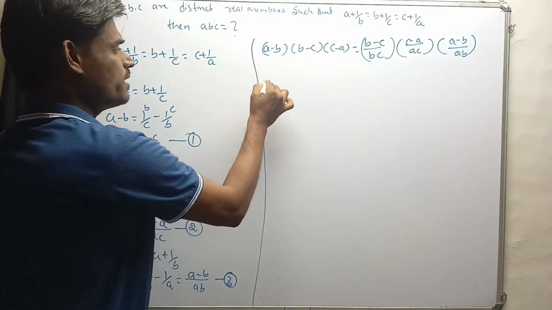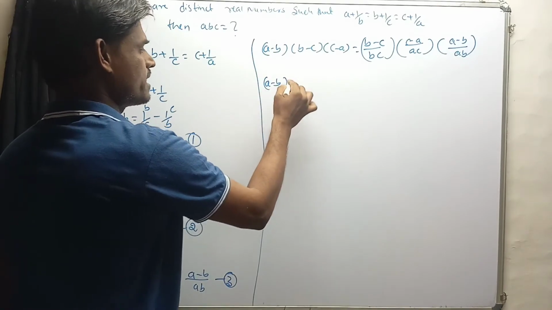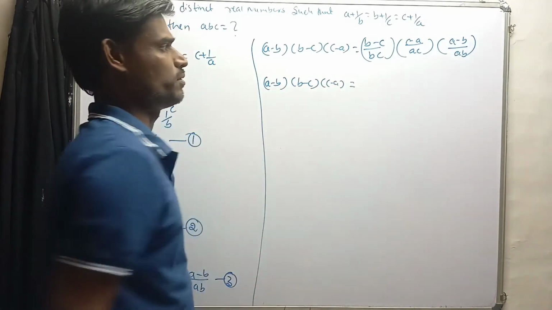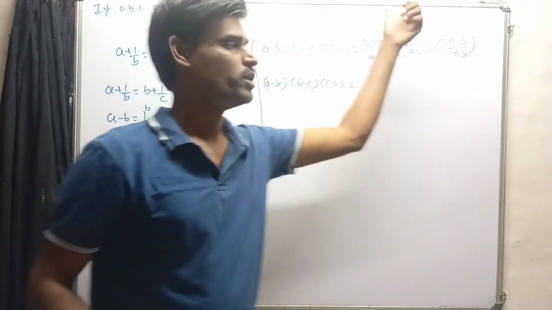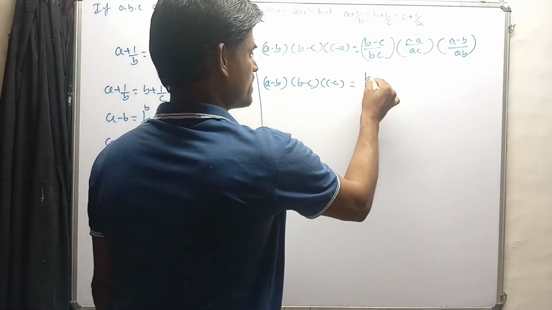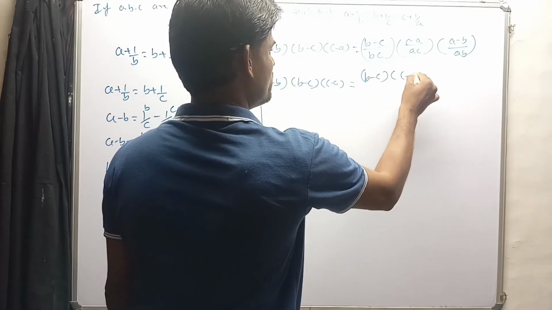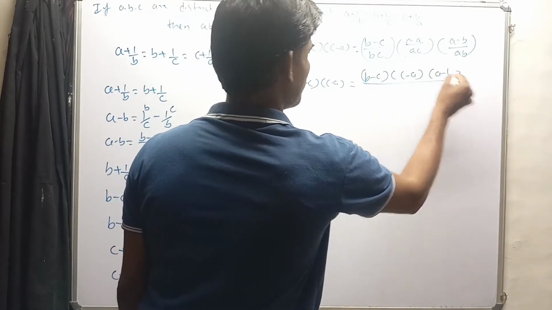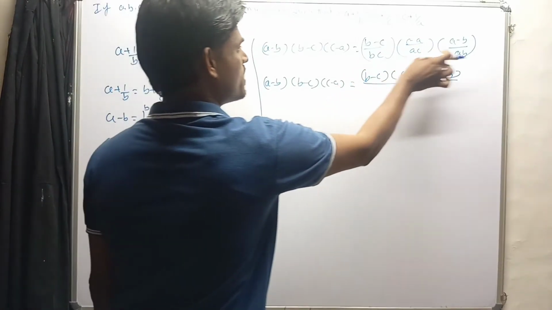Let's keep this LHS part as it is. I'm going to keep this numerator part as it is, that is B minus C into C minus A into A minus B divided by BC into AC into AB.